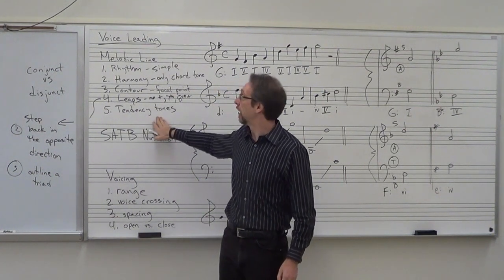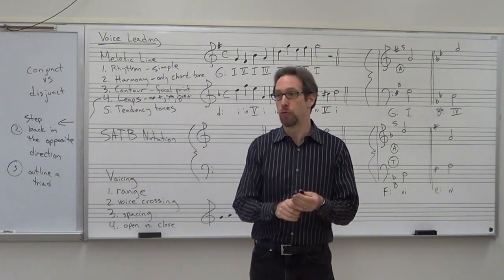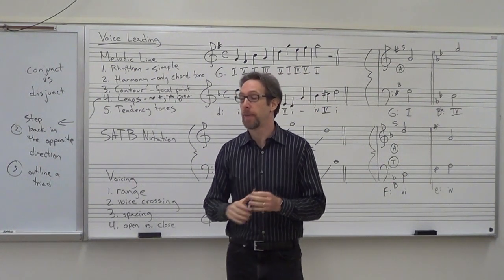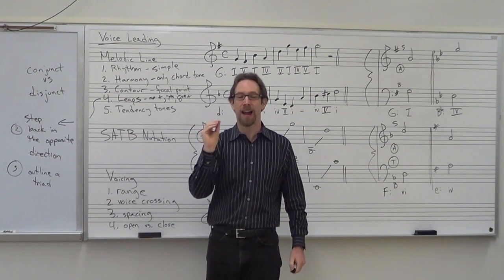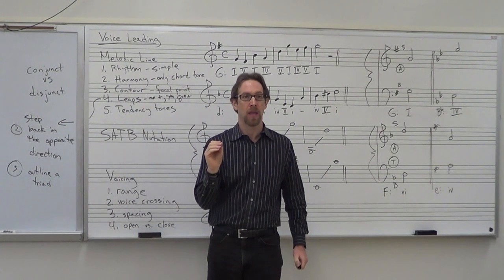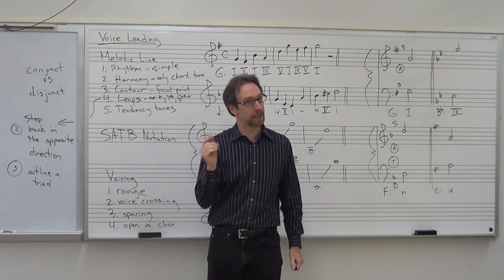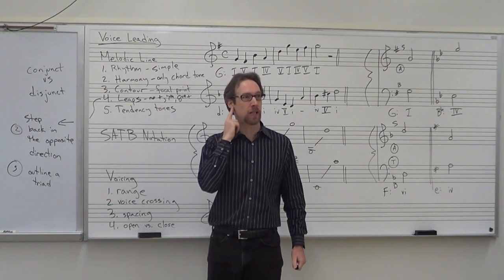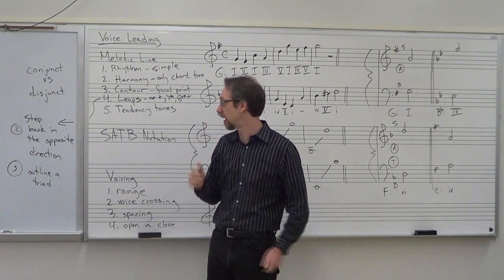Because there's one more thing, tendency tones. Think of it like gravity. Each scale degree has a certain gravitational pull of where it wants to go. And if you deny that gravitational pull, you're working against the forces of nature, in this case the way your ear hears things and your brain processes them.